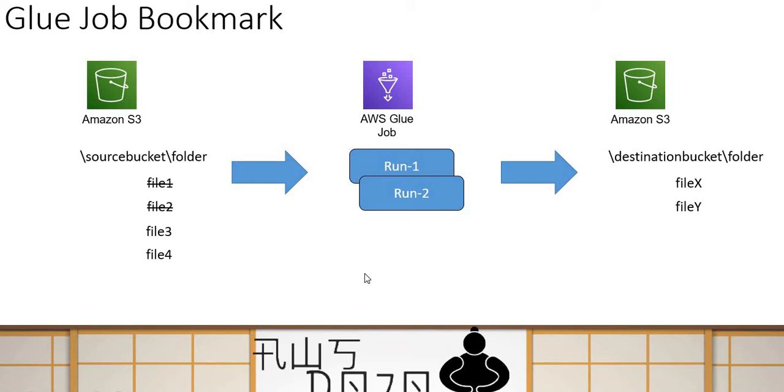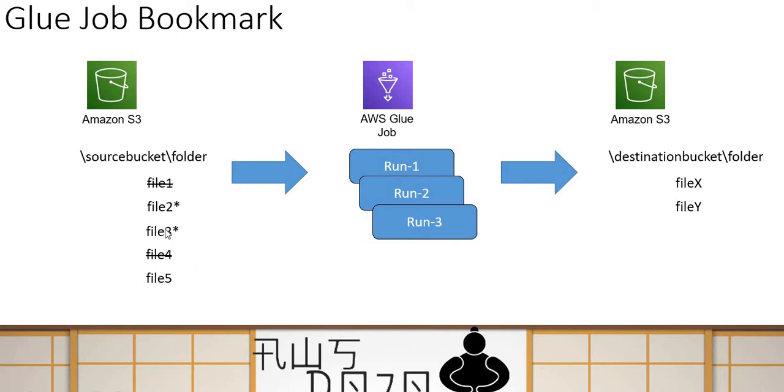Building on top of that, suppose again before the next Glue job run, file 2 and file 3 both got updated or changed, and a new file 5 got added. If my Glue job runs again, then file 1 and file 4 should not be processed.